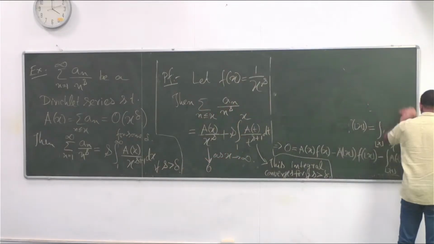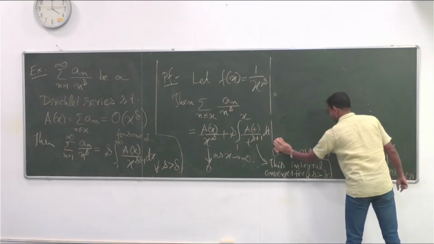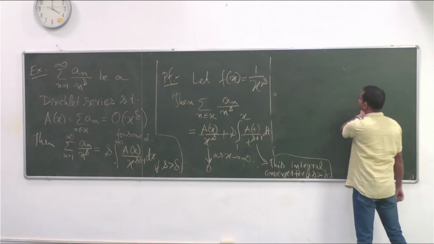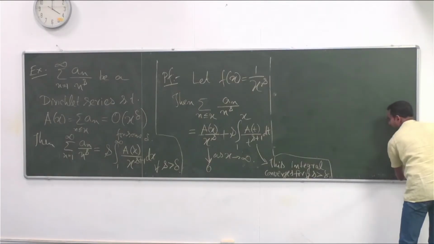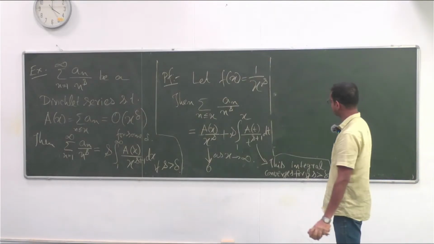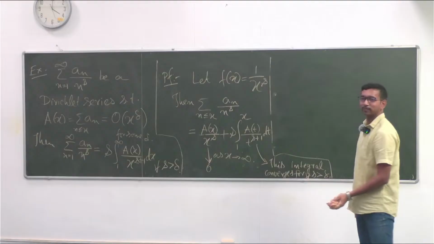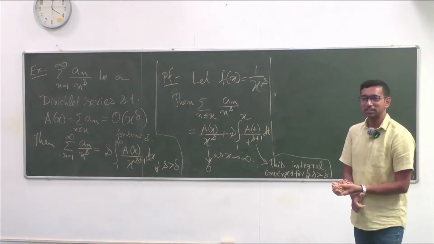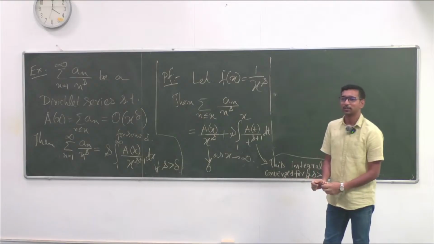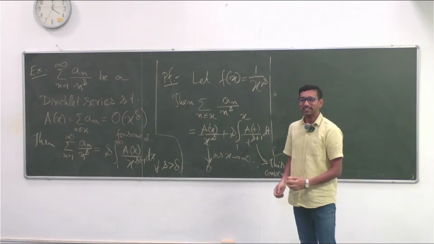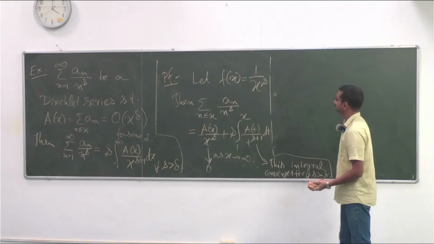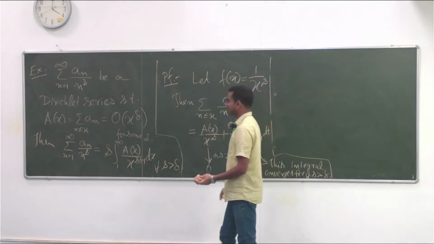Are we having a sufficient condition for that, or do we need something else? Could you just check your notes from yesterday whether it is sufficient? A small thing is missing.